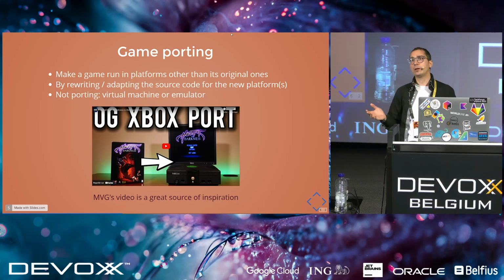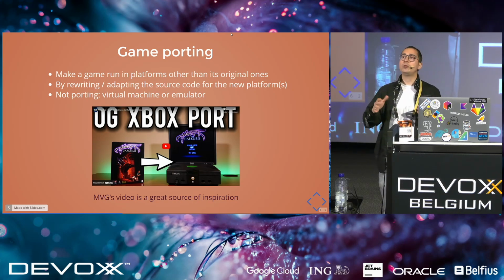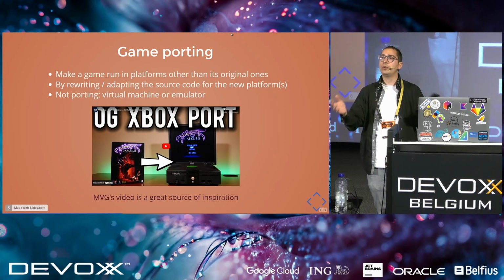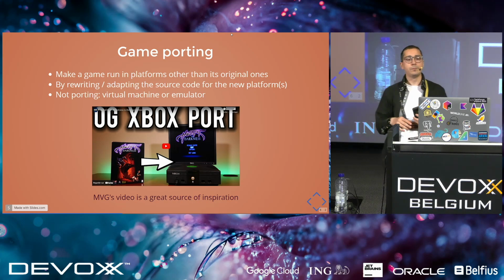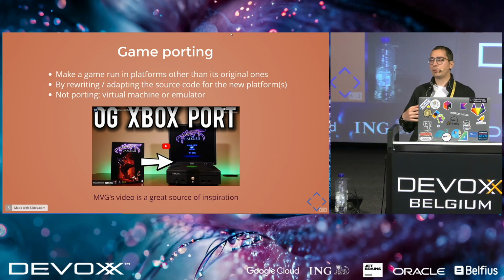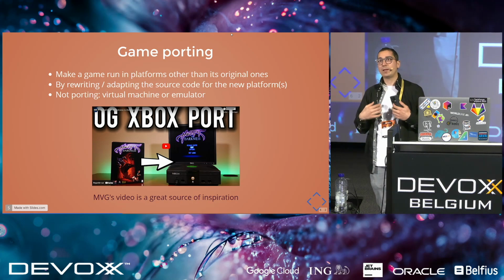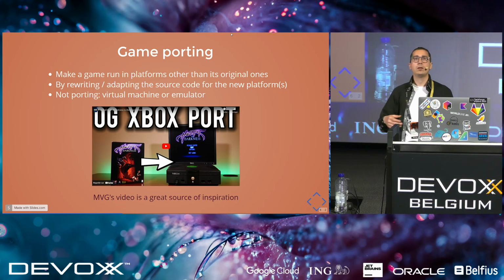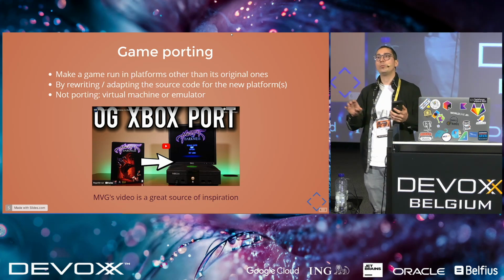Many games have been ported like this, and generally the porting is done once we have a game running at a correct frame rate. Before considering making ports myself, I thought that it was really hard. We need to be a very experienced developer in gaming. And then I saw a video from MVG, Modern Vintage Gamer.